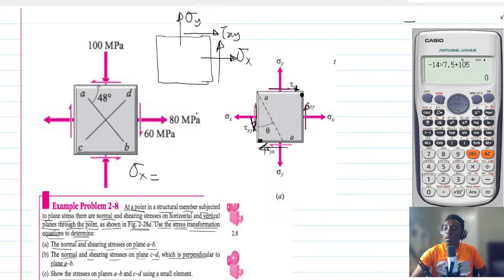I'm waiting for your answers. Is it positive 80 or negative 80? So it's going to be positive because the x is coming outside, right?